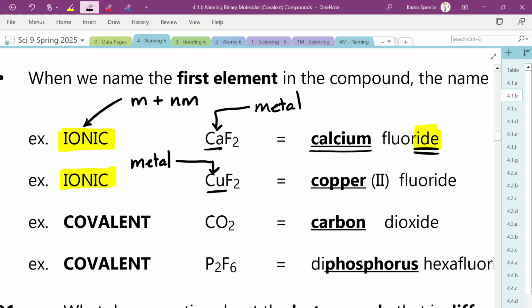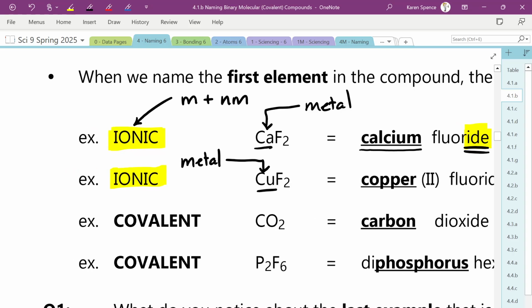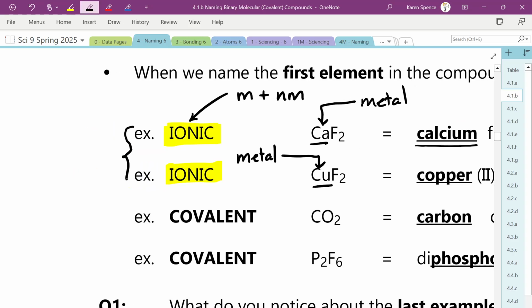And remember, when we have a metal, it's going to be with a nonmetal. And will we use any prefixes? No prefixes. Okay? So when it is ionic, no prefixes. And we know it's ionic because it starts with a metal.